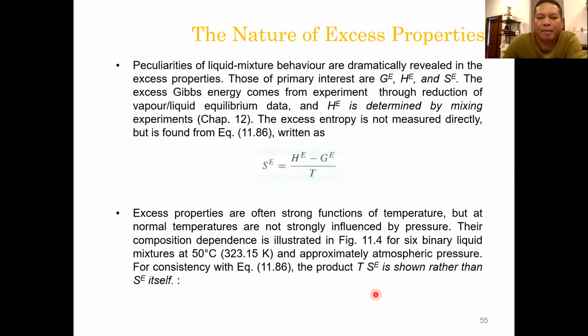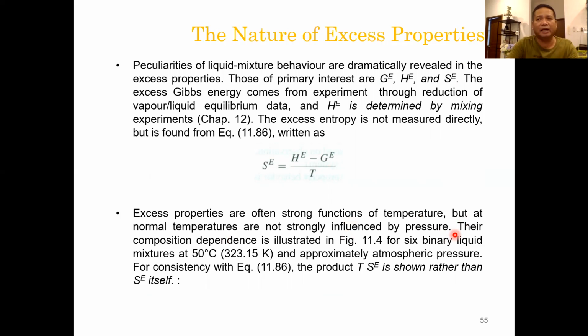And we can also apply it to GE, HE, and SE as in this term here. Excess properties are strong functions of temperature, but at normal temperature are not strongly influenced by pressure. Why is that? Because it is in liquid form, isn't it?